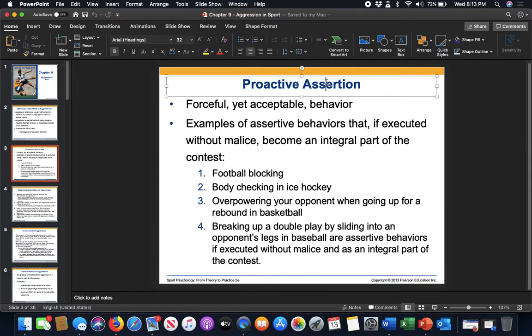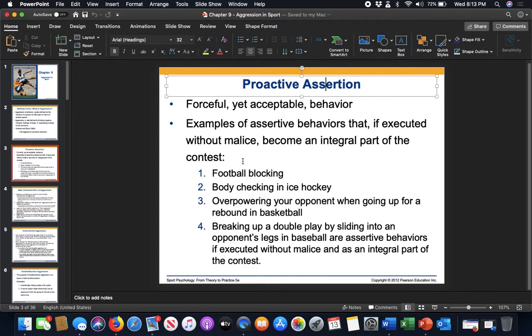I am going to show you some examples of that as we get through here. But proactive assertion, again, is forceful behavior, but if it's acceptable, that means it's within the rules of that game. So the intention is not there to create what we call malice, or intentional harm.